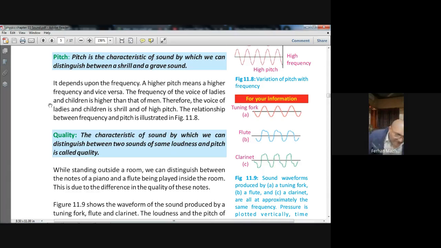Normally the voice of a male is grave, and the voice of a female is shrill. So by that experiment, the speed of the tire decides how many times that scale will vibrate.